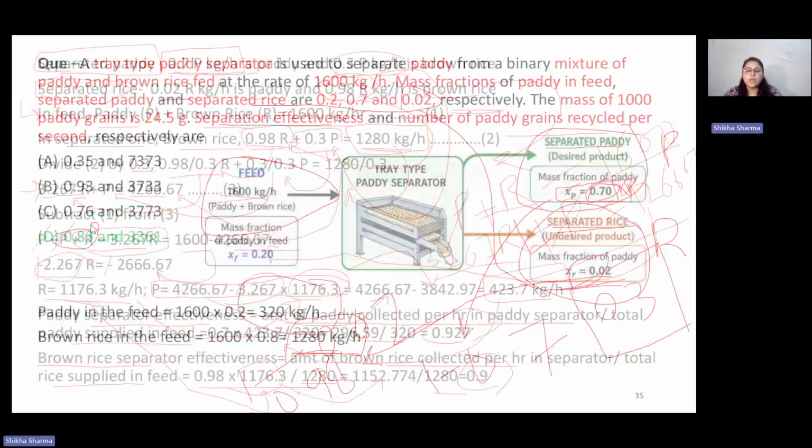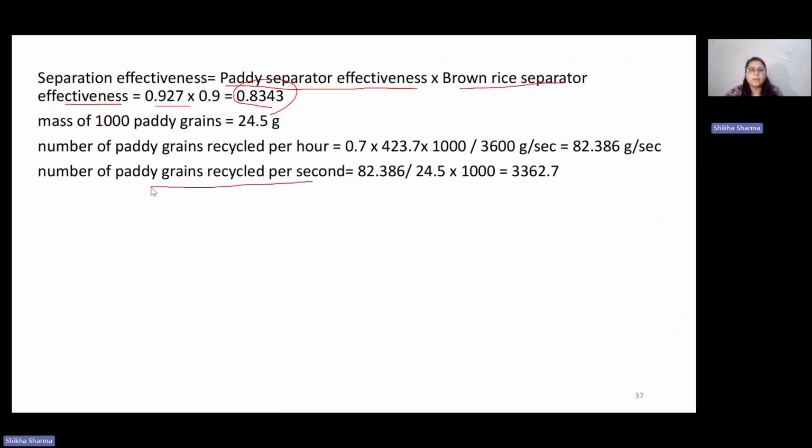Now we need to calculate the number of paddy grains recycled per second. We already know the mass of 1000 paddy grains is 2.5 grams, right?